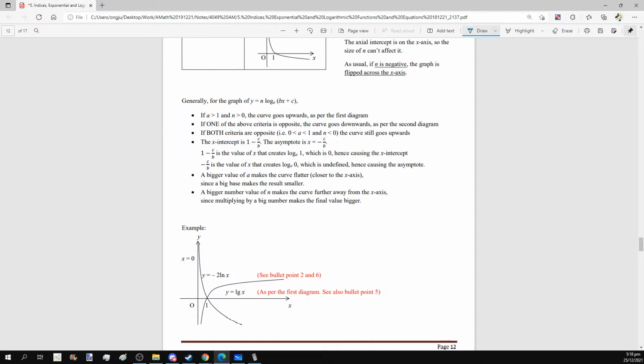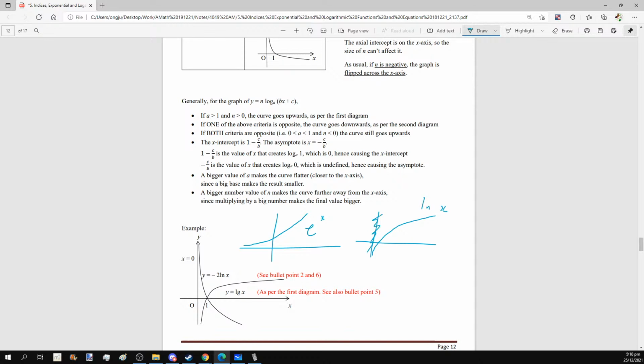First of all, because logarithms are the opposite of exponential, all of the positions will also change. In exponentials, we had an asymptote on the bottom. I'm floating above the x-axis. For logarithms, it will be the opposite. I will be floating not above, but to the right of the y-axis.